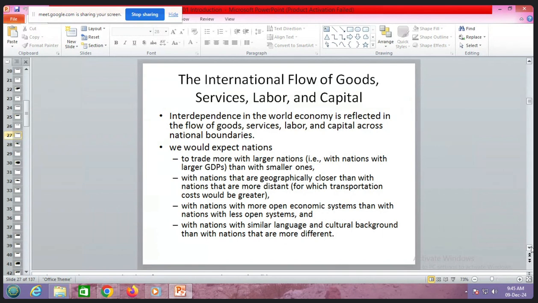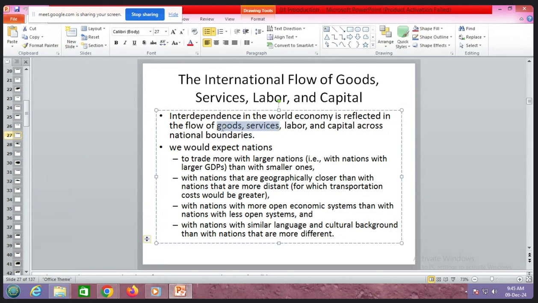And so what we are seeing here is when we talk about interdependence in the world economy, it is reflected in the form of flow of goods, services, labor and capital across the borders. So this is goods and services, which we call the trade. Then this is the factor labor and factor capital which is taking place.